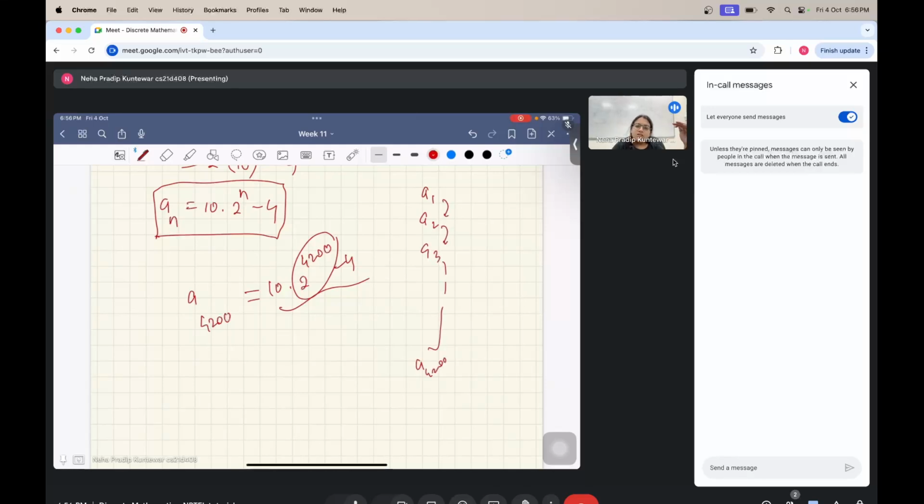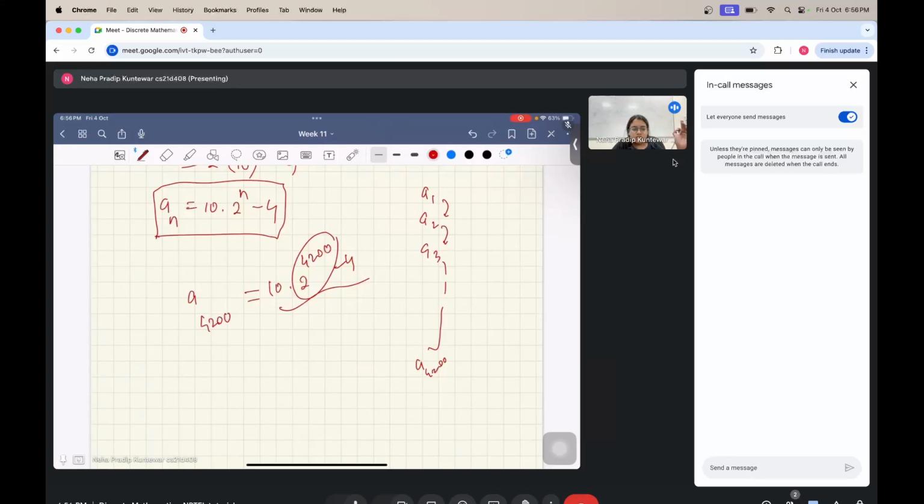That is one reason why we are interested in closed forms of expressions, because you want to find the value at a particular point in one step, rather than having so many dependencies. This example was just to motivate why we are interested in solving the recurrence relation.